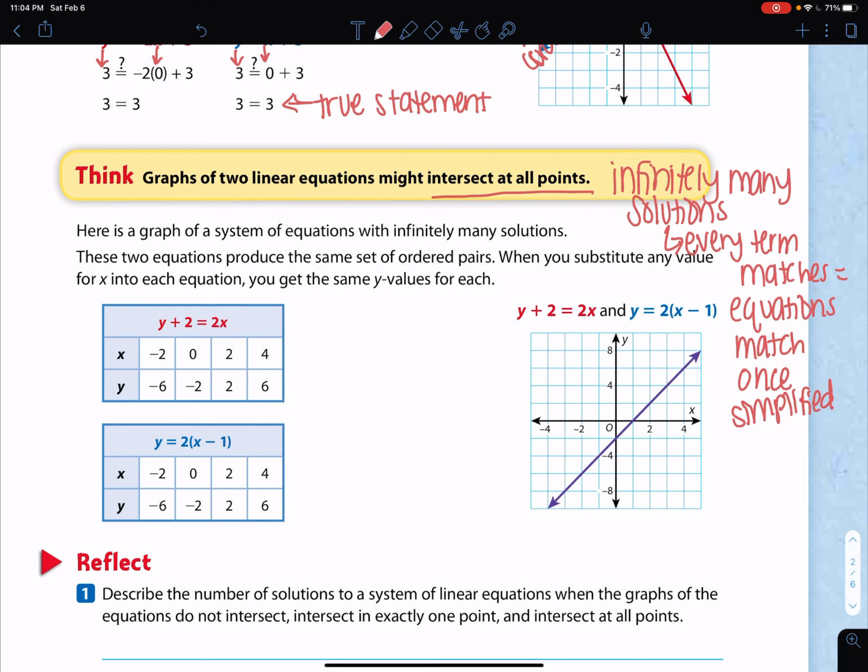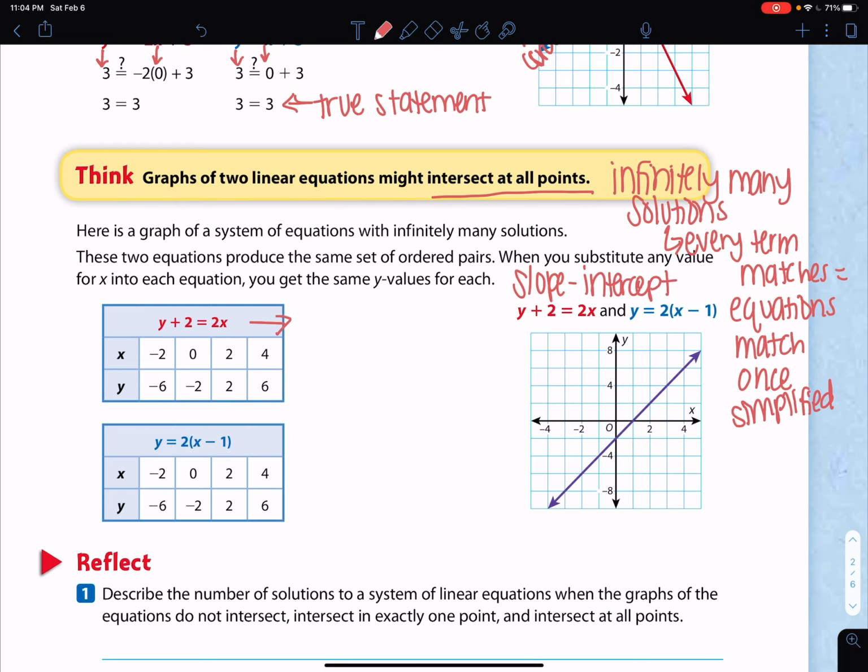So let's make sure. They gave us these two equations. We have y + 2 = 2x and y = 2(x - 1). If we simplify both of the equations and put them in slope-intercept form, that's the best way to see it. Let's go ahead and do that.